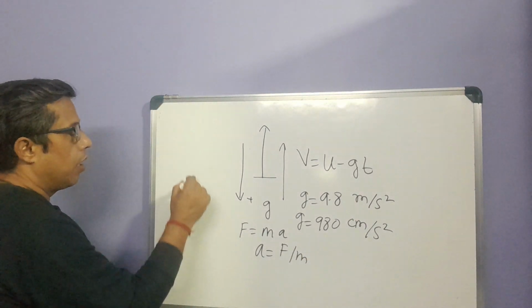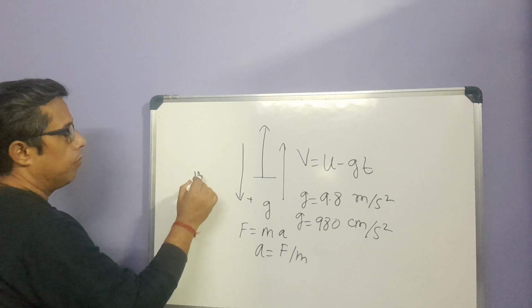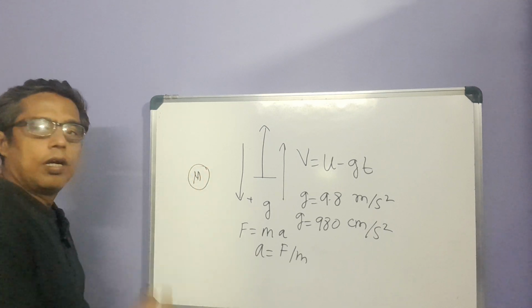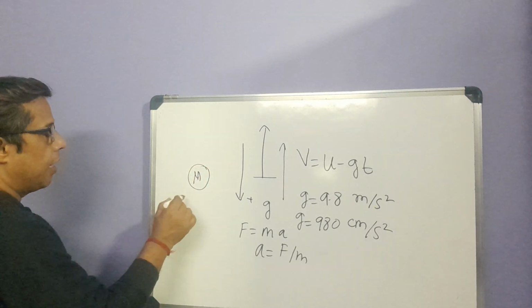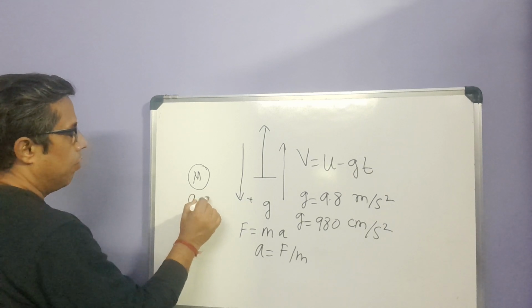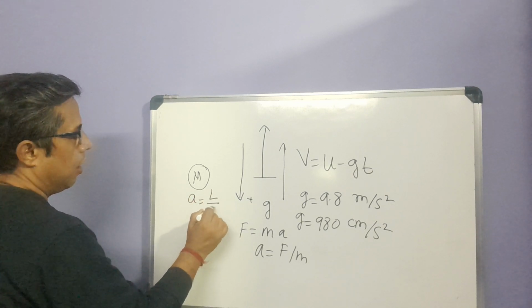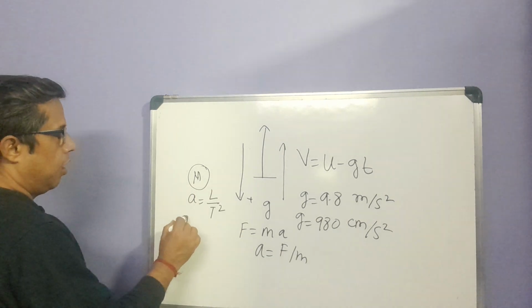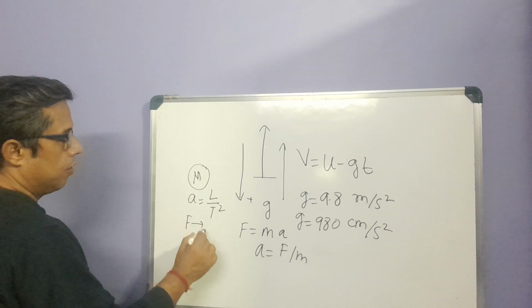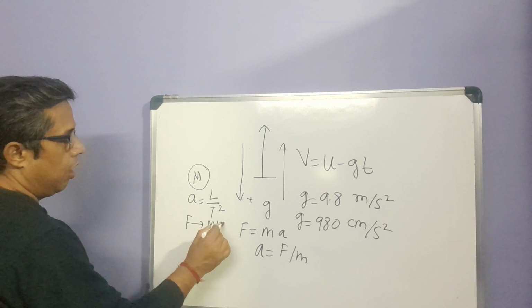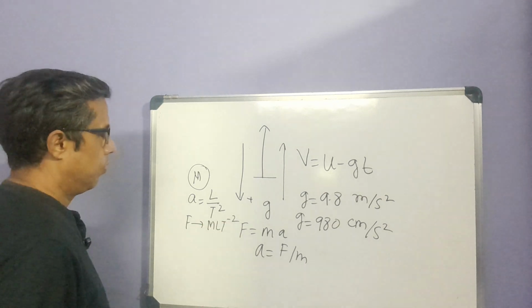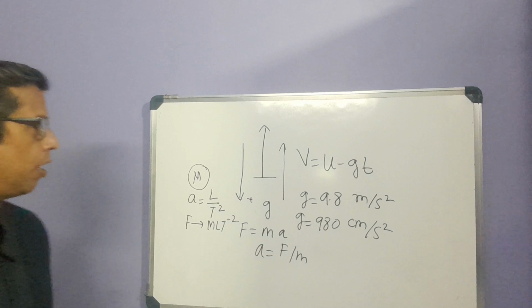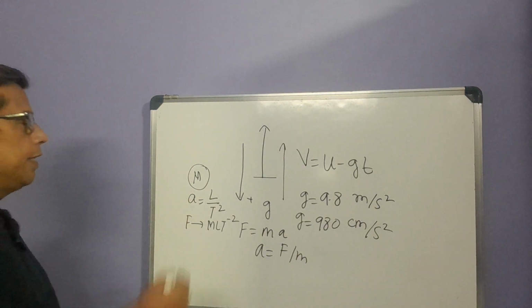The dimension of m is capital M for mass, and a will come as L by t square, L for length, and the dimension of F is M L t to the power minus 2. Now, a means L by t square.